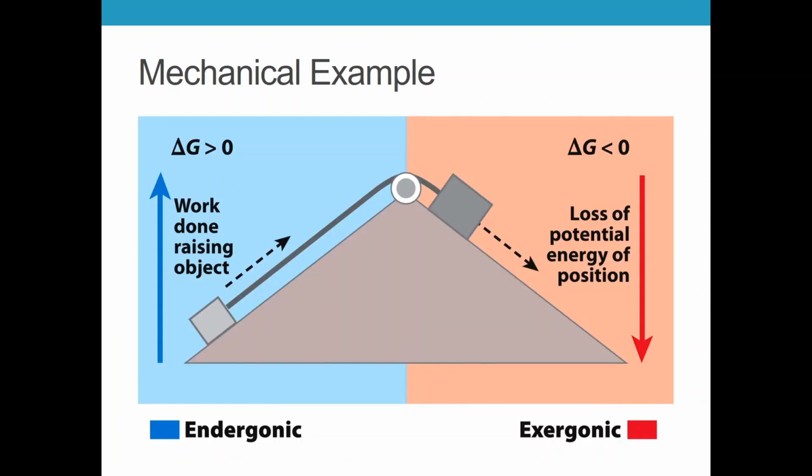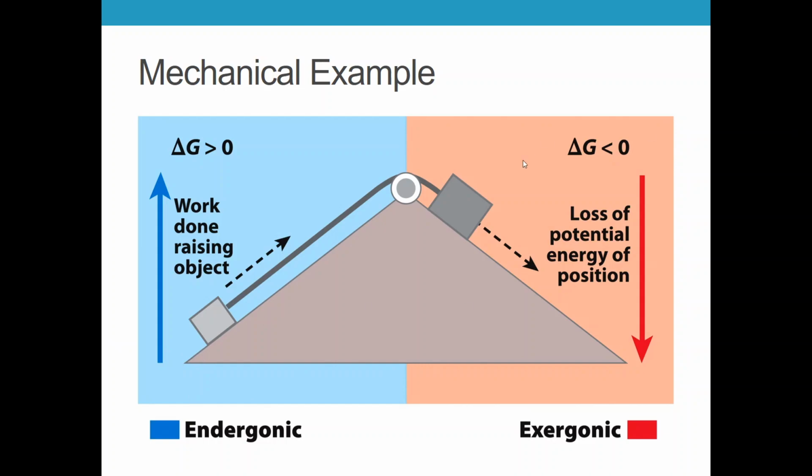To think about this using a mechanical example, let's envision raising a box up an incline versus down. If I start at the bottom of the incline, I have to put in some work to make this box go up. So this would be an endergonic process. My delta G for that process would be positive.